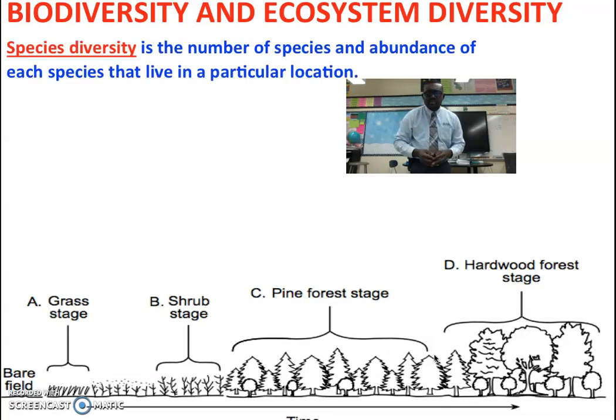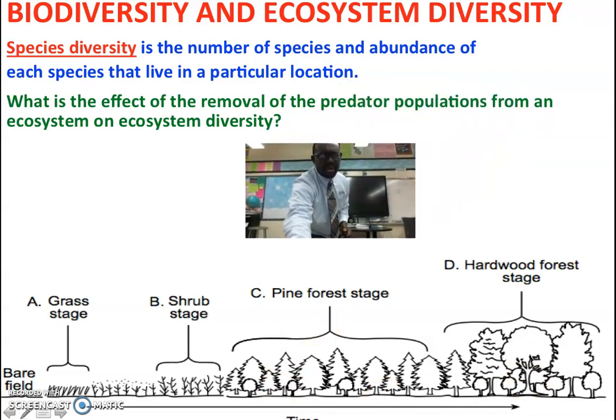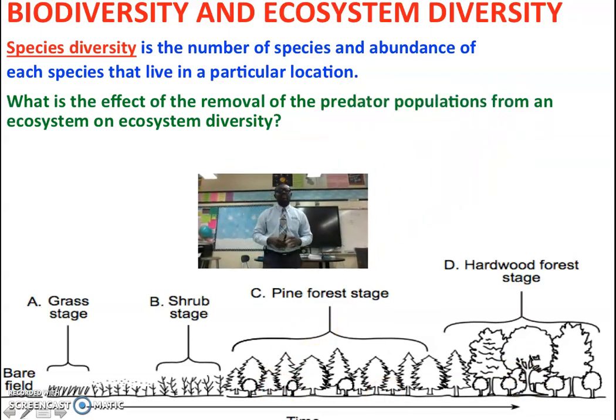We already know that biodiversity is the number of species and the abundance of each species that live in a particular environment. So let's look at the impact of biodiversity. The question reads, what is the effect of the removal of the predator population from an ecosystem on ecosystem diversity?